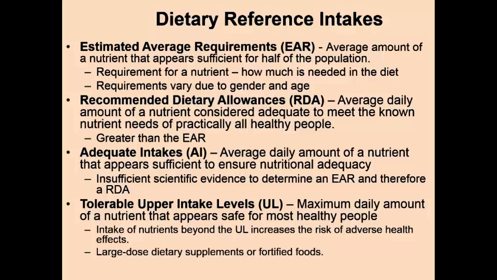So we know we need these, but we're just not positive in what amount on a daily basis. Typically it's because the amounts are so small that it's hard to do a really good controlled scientific study on them.